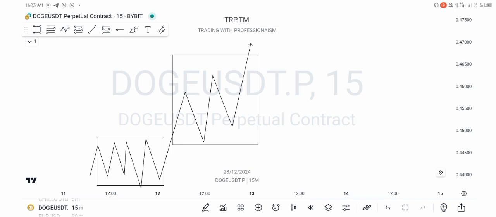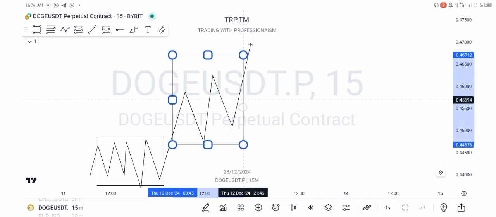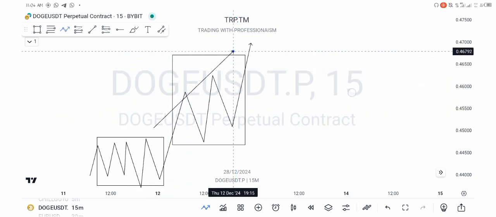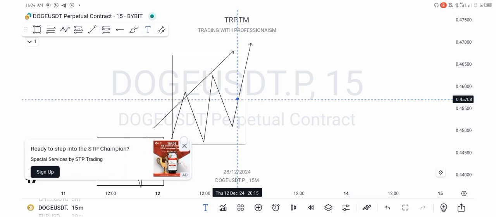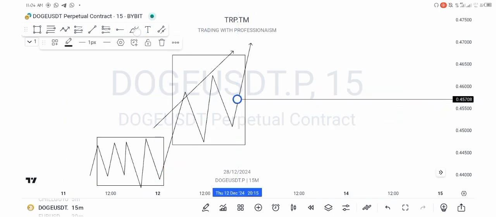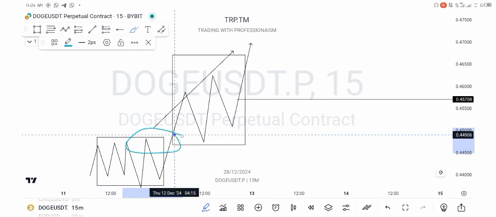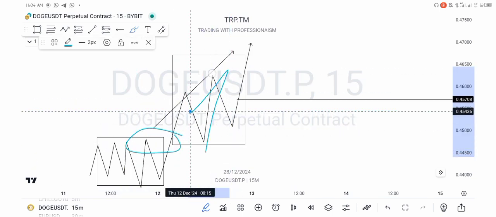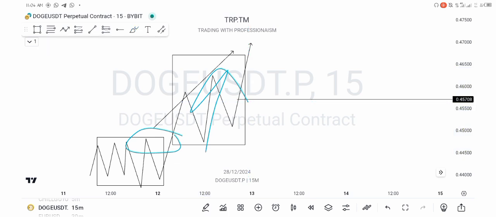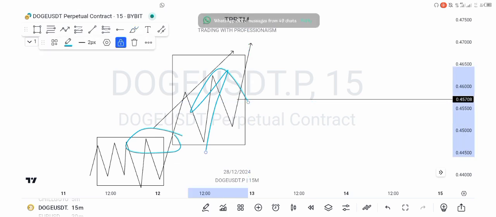Then the breakout to the upside is called the advancement. The advancement is an uptrend, as you can notice. After the break to the upside, the uptrend is called the advancement.